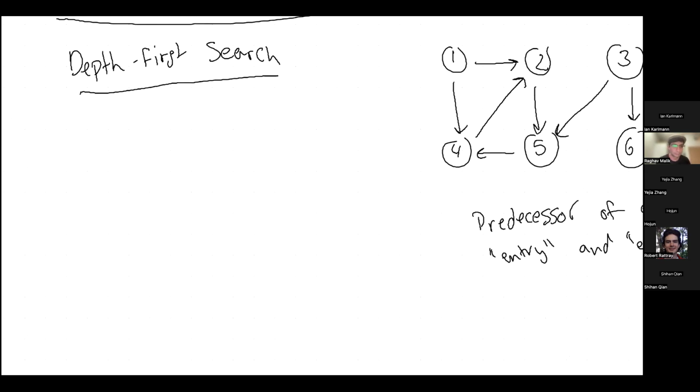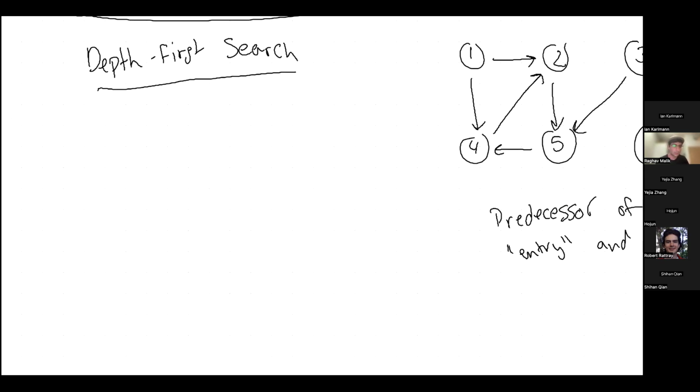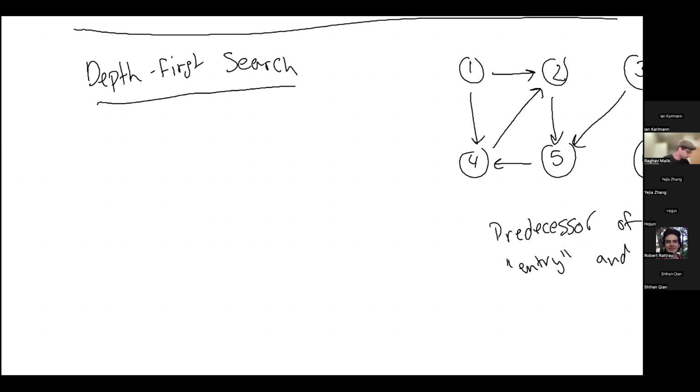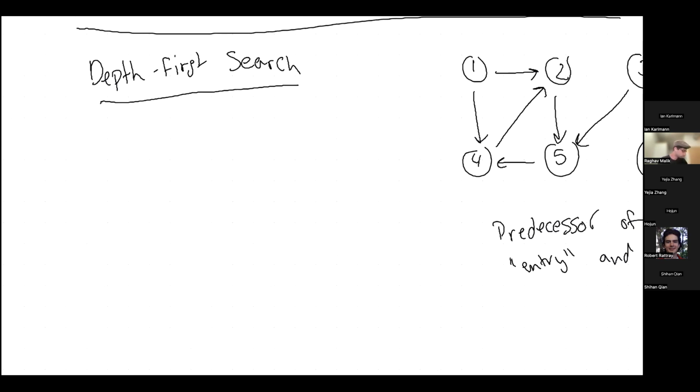Let me write some pseudocode. This uses a helper function, visit, at some particular vertex B. Oh, the book calls it U. Don't want to get confused.